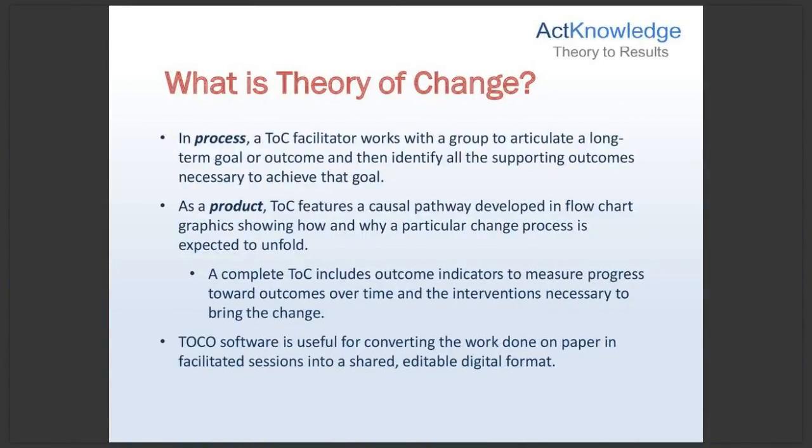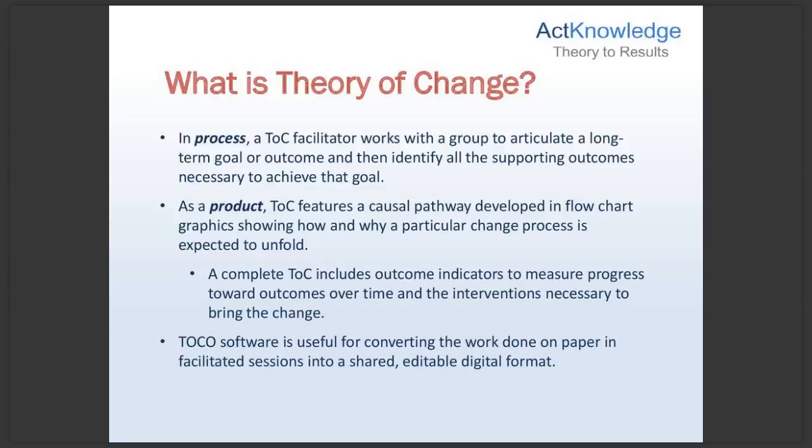In process, a theory of change facilitator works with a group to articulate a long-term goal, or outcome as we call it, and then to identify all the supporting outcomes necessary to achieve that goal. As a product, theory of change features a causal pathway developed in flowchart graphics, showing how and why the particular change process is expected to unfold.